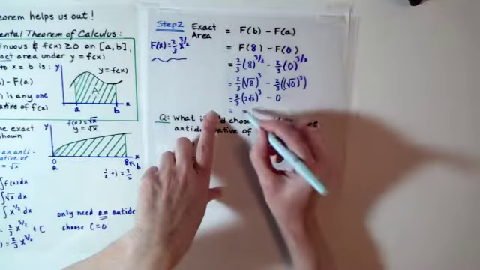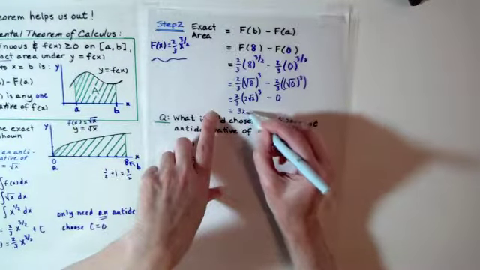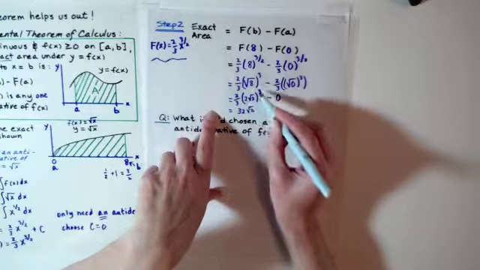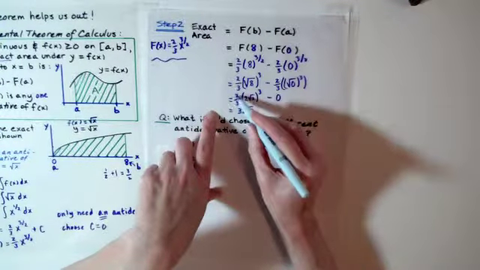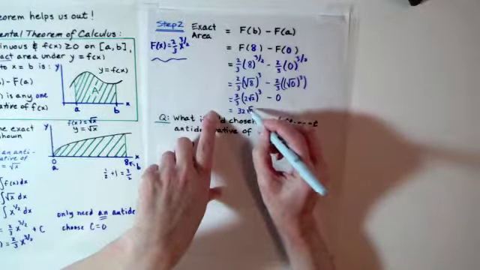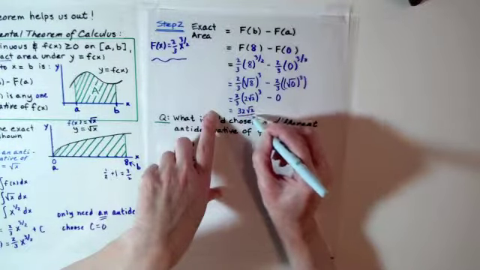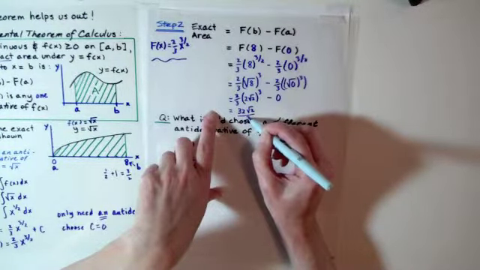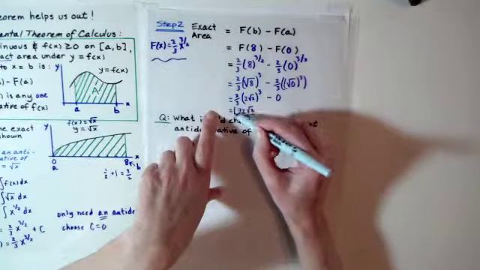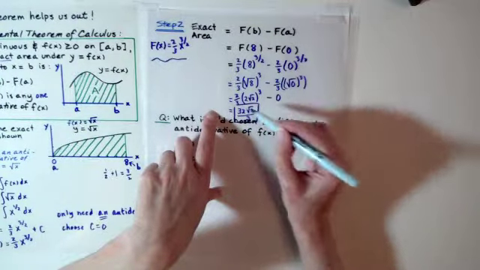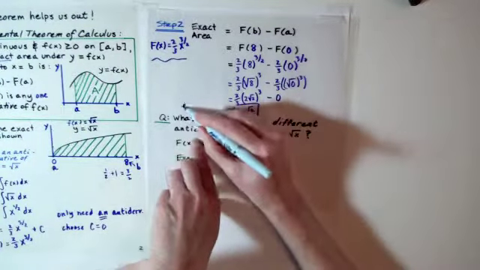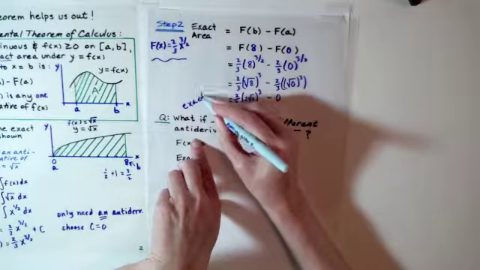I believe we will end up with 32 root 2, because it's 8 times another 2 times this 2 gives me 32. I have 1 root 2 left over, all divided by 3. And this number is the exact area that we were looking for.